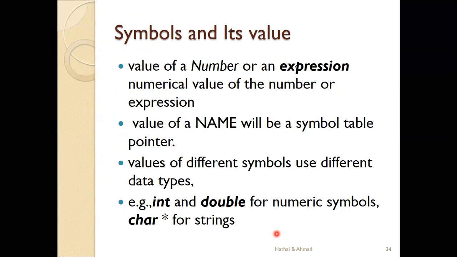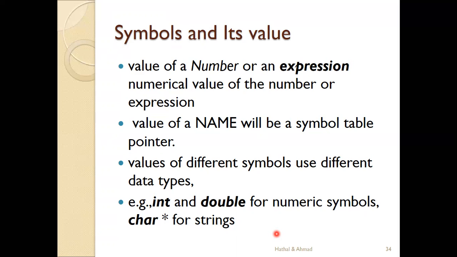There are symbols used in Yacc. The expression has different symbols. The value of a number or the value of an expression is always a numerical value. If there is a name, it is an identifier, and the value of such an identifier refers to the symbol table pointer.